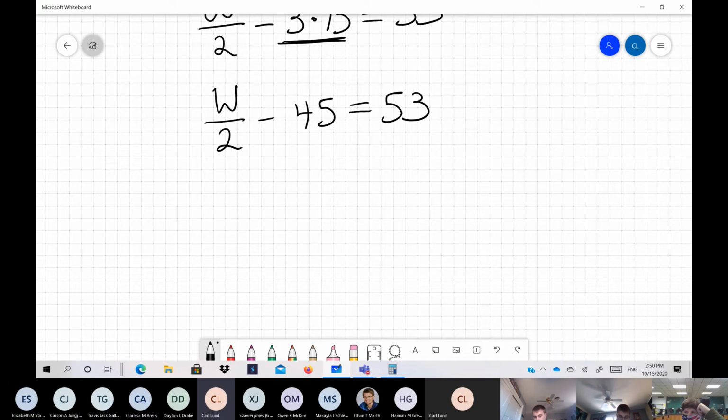How can I get rid of the fraction? I have W over 2. I'm going to get rid of grouping symbols. A fraction bar is a grouping symbol.